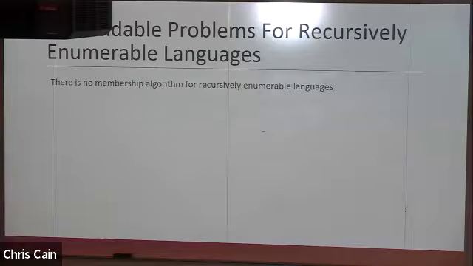There are tons of other fun undecidable problems. When we look at recursively enumerable languages, we start getting very handicapped in terms of what we can answer and not answer. There's not much of interest we can say about recursively enumerable languages, and there's even less interesting that we can say about non-recursively enumerable languages. There's just next to nothing we can know about.